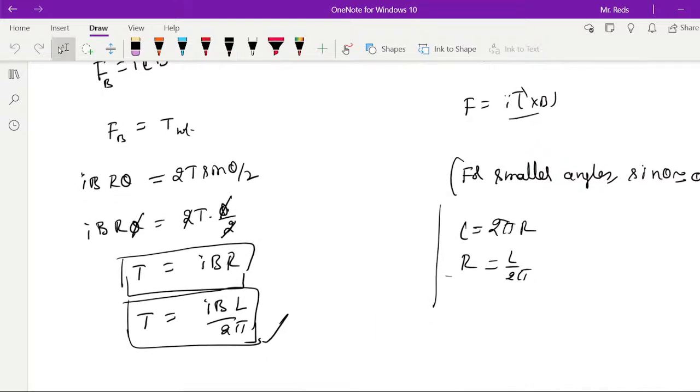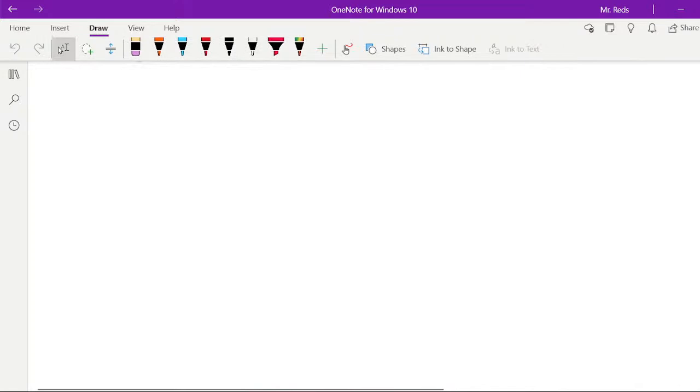So randomly a few questions we are looking at. Actually, one of our students has asked this question, question number 4.